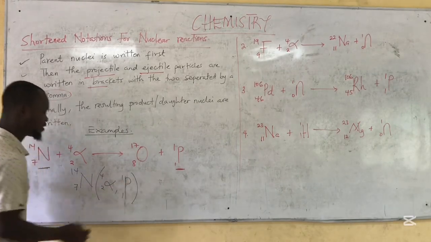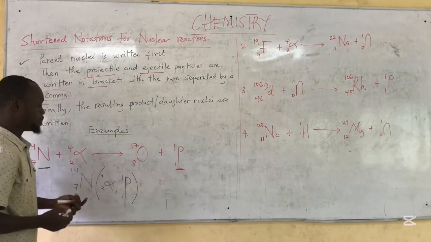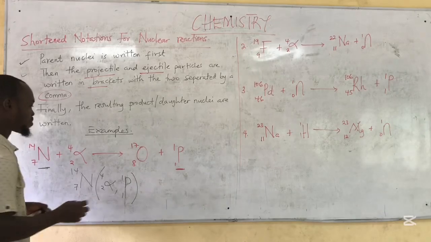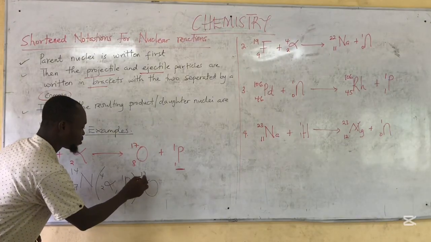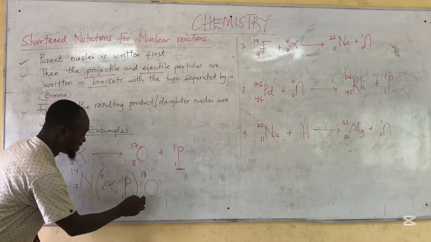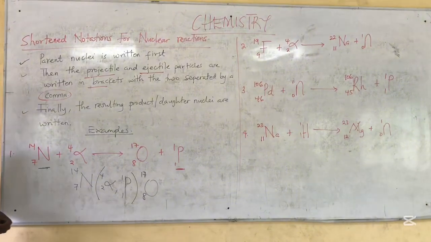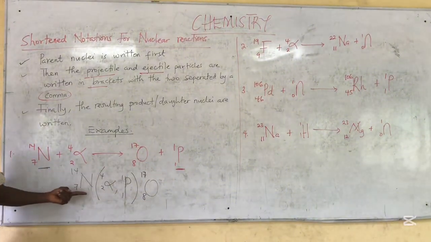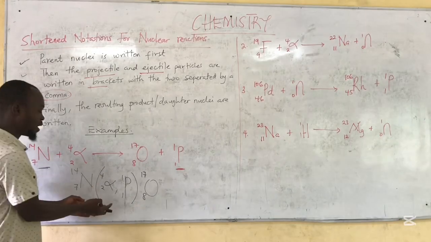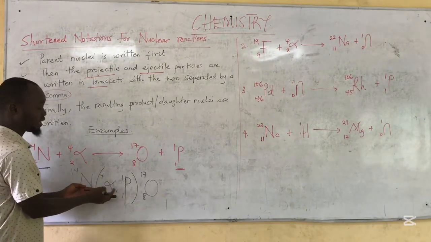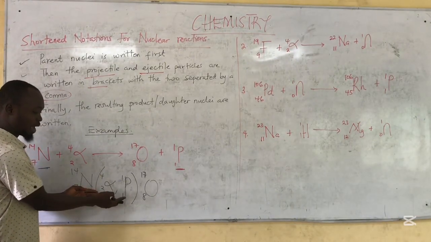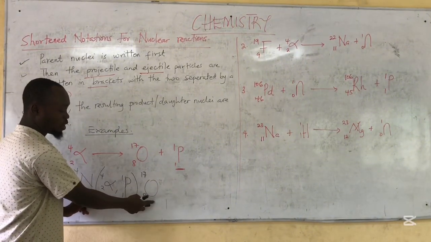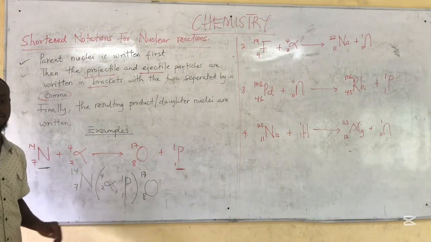And then you close the bracket, and then you write the daughter nuclide or the product, and that's oxygen with a mass of 17 and a proton number of 8. Is that okay? So this is a shortened notation for this nuclear reaction. You write the parent, and then in brackets you write the projectile and then the ejectile particles separated by a comma. Is that okay? And then you write the daughter or the product nuclide. Is that okay? Alright.